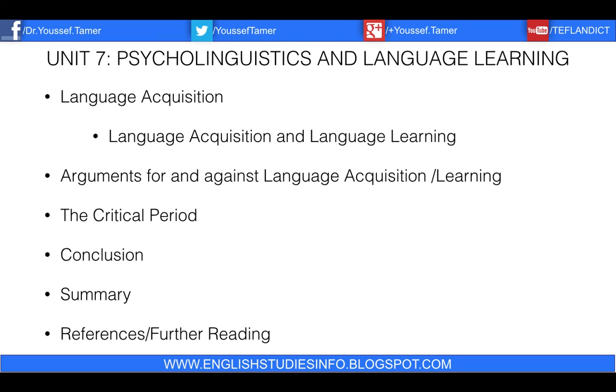But language acquisition usually takes place in an informal context. So we'll try to go into that area and see the differences between the two. Arguments for and against language acquisition and learning. People still disagree. Some people say it's the same, others say no, it's not. So we'll see those arguments for and against.